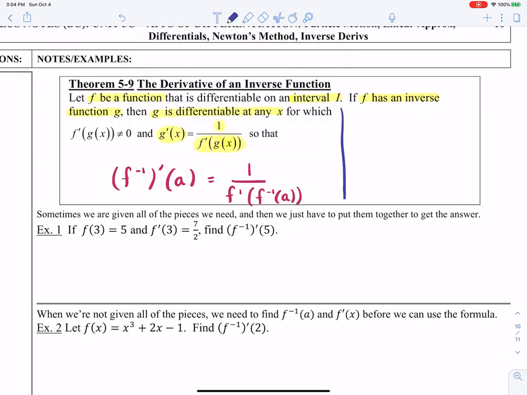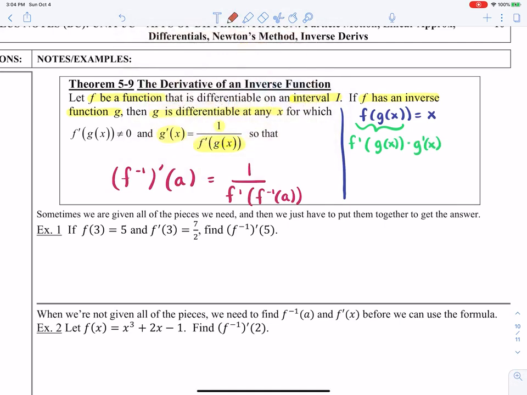Okay? So here's why it's written a different way. If f of g of x is x, because they're inverses, okay? What if I took the derivative of this using chain rule? It would be f prime of g of x times g prime of x.